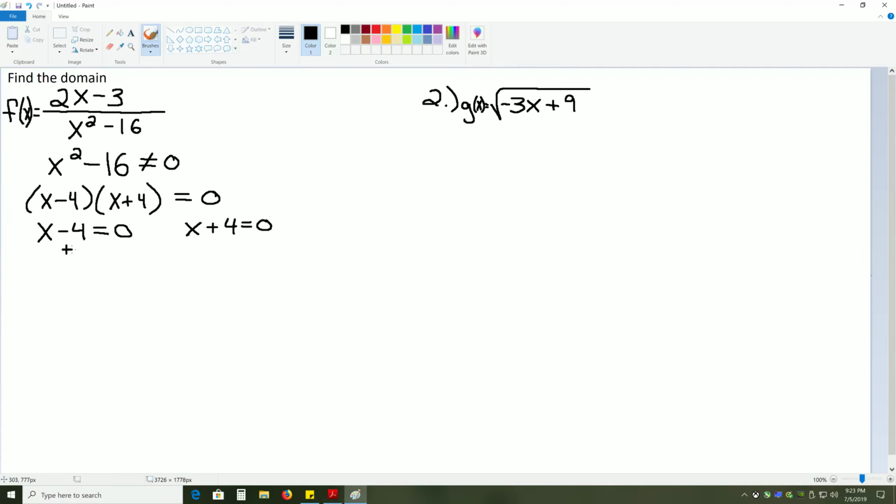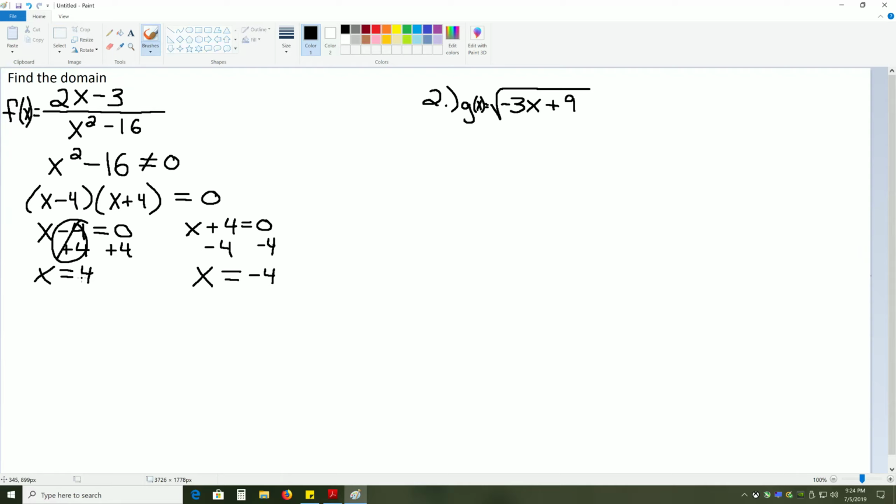If we add 4 to each side, that'll cancel out this negative 4, leaving us with x equals positive 4. Likewise, to cancel out this positive 4, we'll subtract 4 from each side, which gives us x equals negative 4.